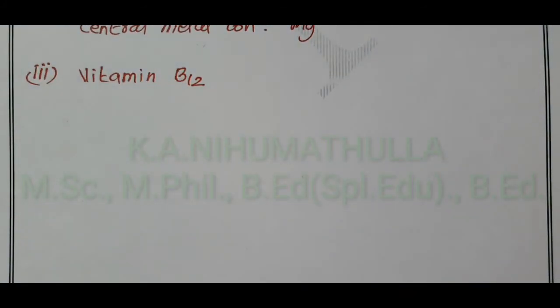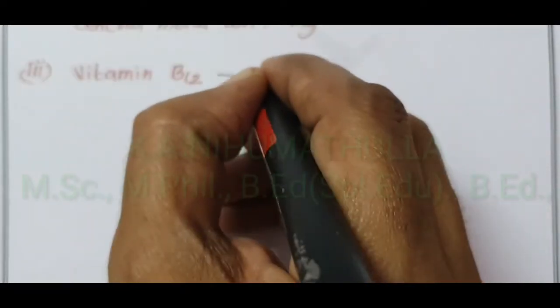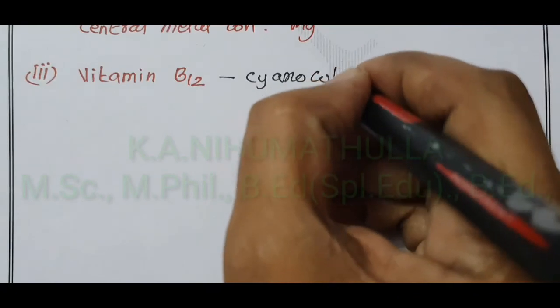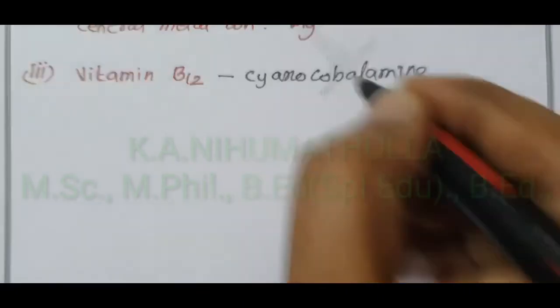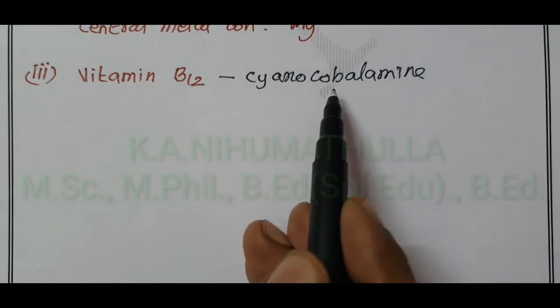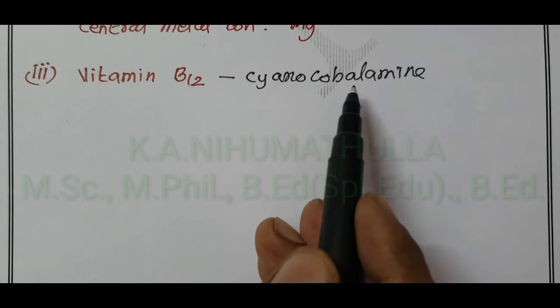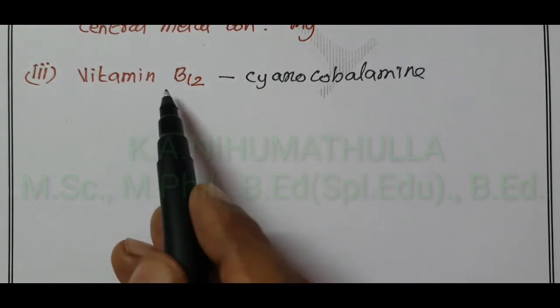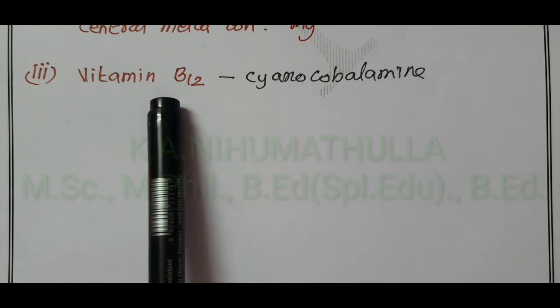The chemical name of vitamin B12 is cyanocobalamin, or cobalamin. It is the only vitamin which contains a metal ion, cobalt. Cobalt is the metal ion present in vitamin B12. We are going to discuss the vitamin B12 structure.